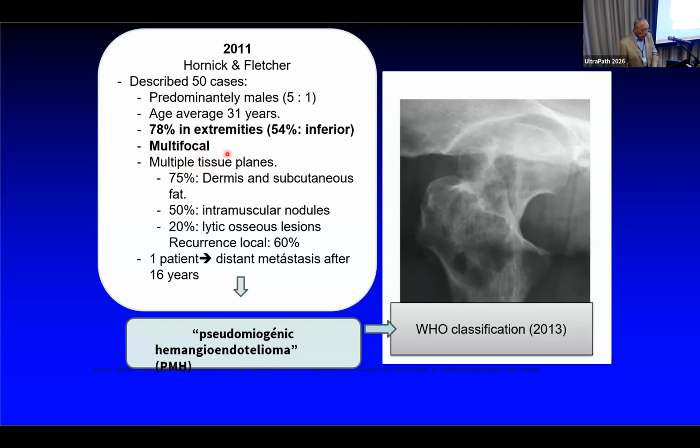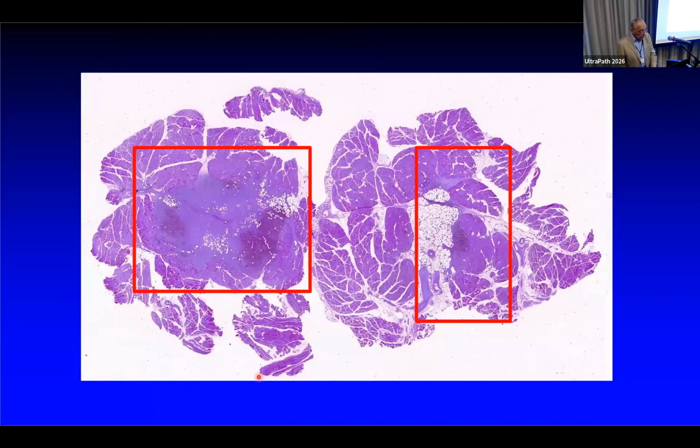It can affect skin, subcutaneous tissue, bone, and muscle, and only one of these 50 patients developed metastasis. They proposed the term pseudomyogenic hemangioendothelioma, which is the one accepted by the WHO.